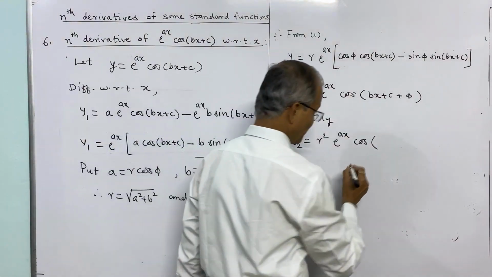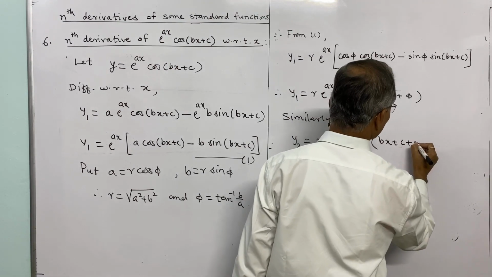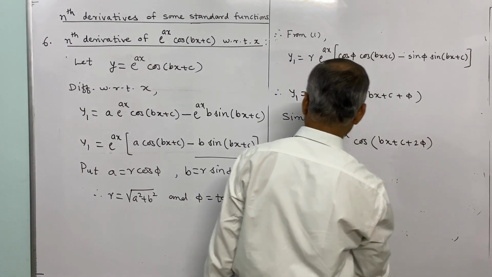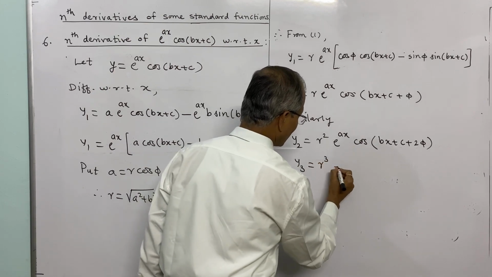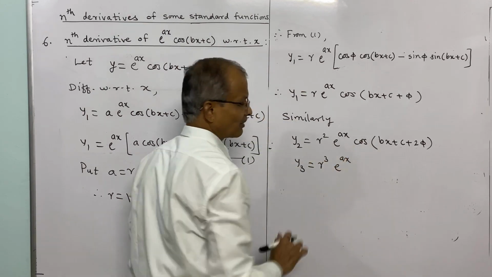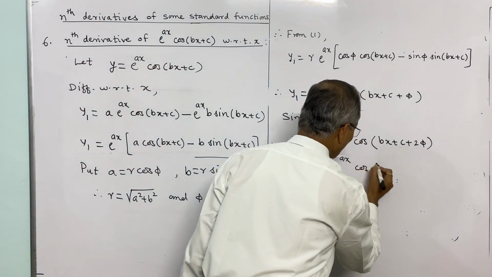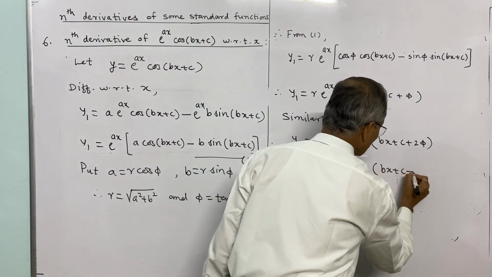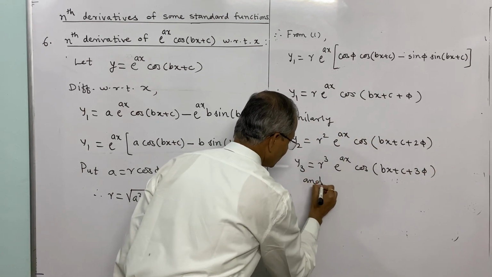So that is bx plus c plus phi plus phi, that is plus 2 phi, and y3 is r cube e to the power ax, again multiplied by r, and the angle increased by phi, cos of bx plus c plus 3 phi, and so on.